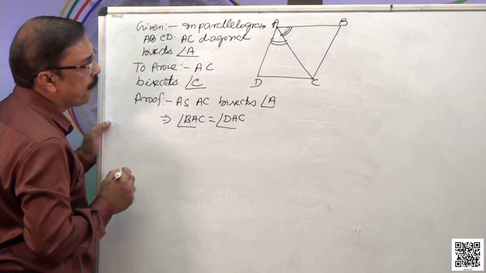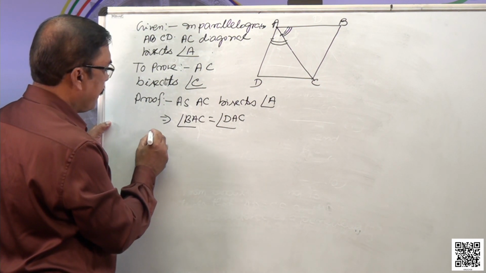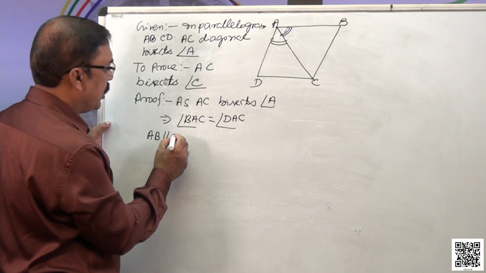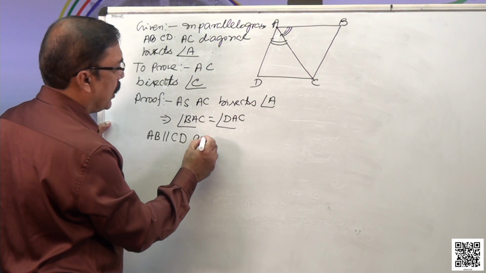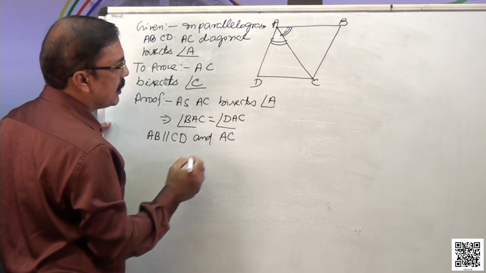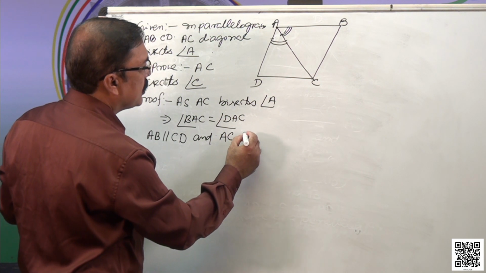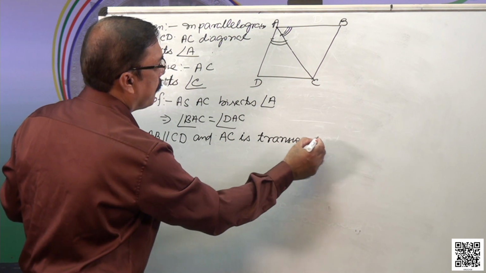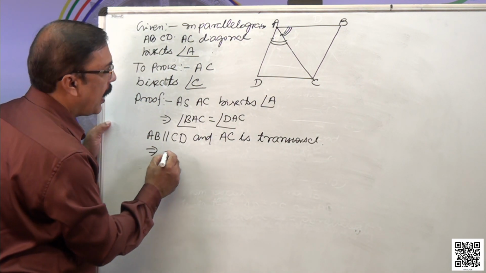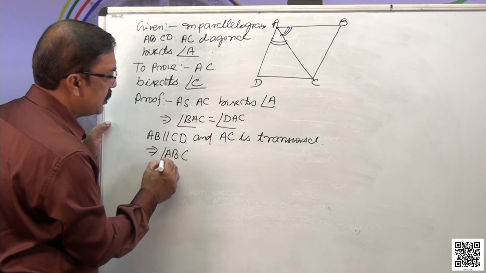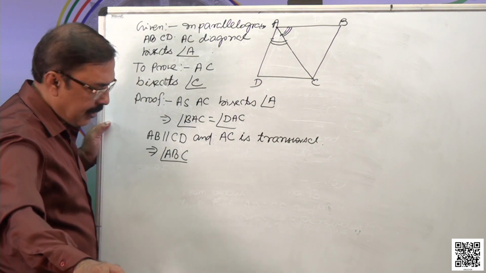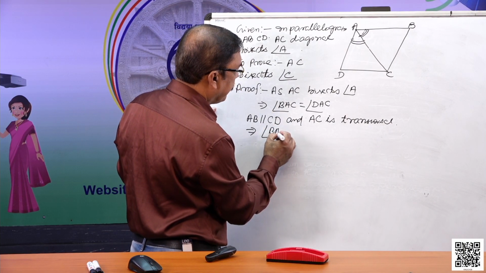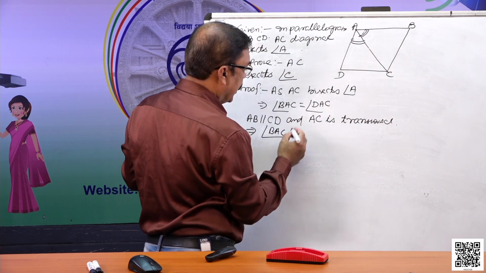Now, see, AB is parallel to CD and AC is the transversal. This implies angle BAC is equal to angle ACD.